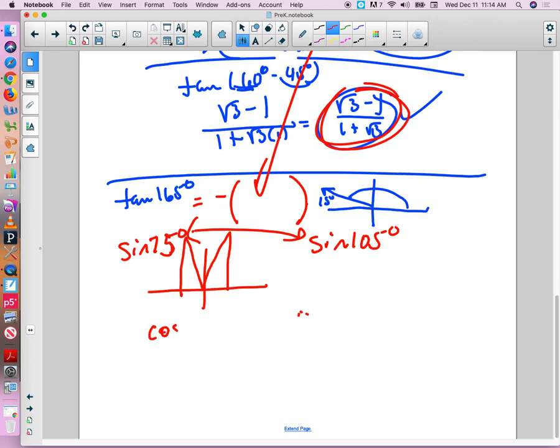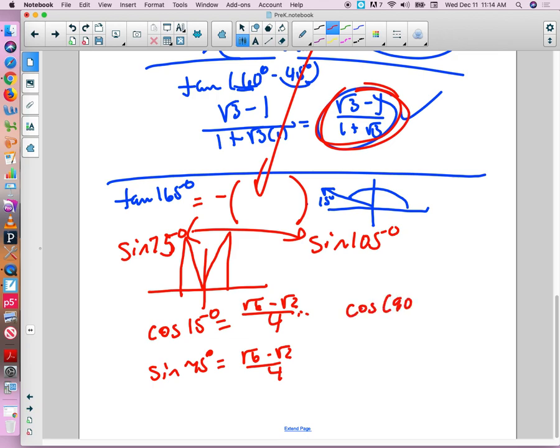Look at the cosine of 15 and the sine of 75. Cosine of 15, can y'all find it really fast? Cosine of 15? And the sine of 75? Because what should the cosine of 90 minus theta be?